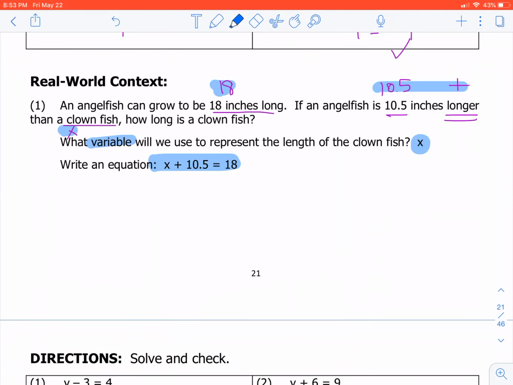Now sometimes they'll ask you to solve that equation. So if they do, you're just going to use the opposite operation, which is subtracting. So if I take 18 and I subtract 10.5, you can use your calculator on that. So 18 minus 10.5 gives us 7.5.